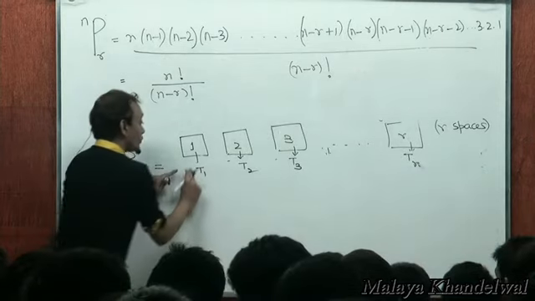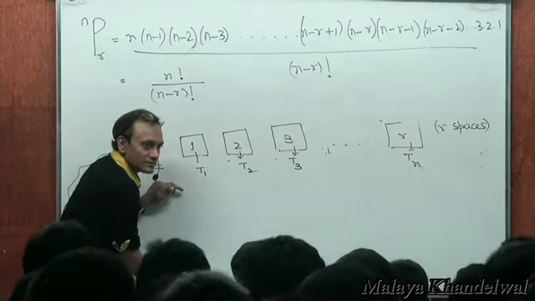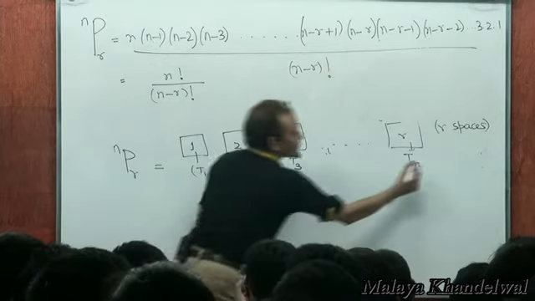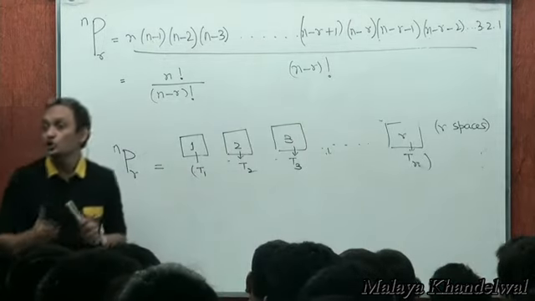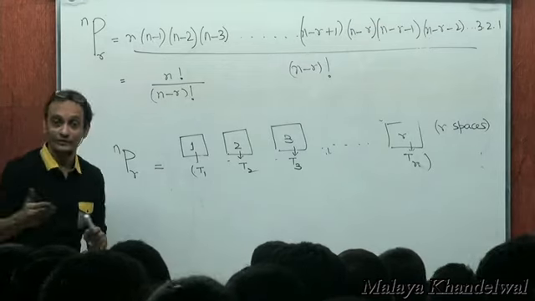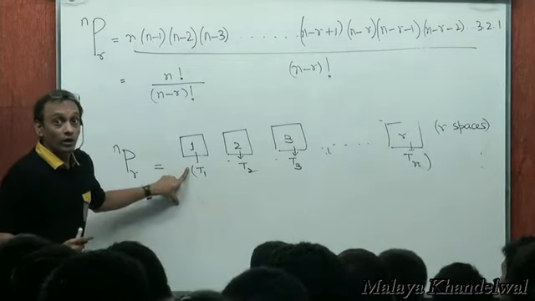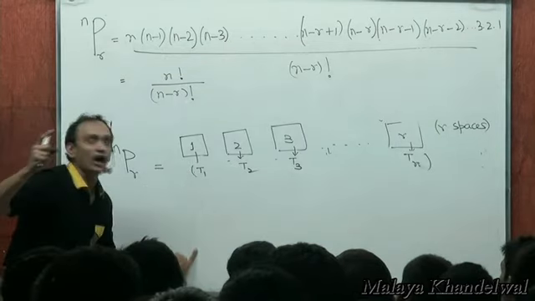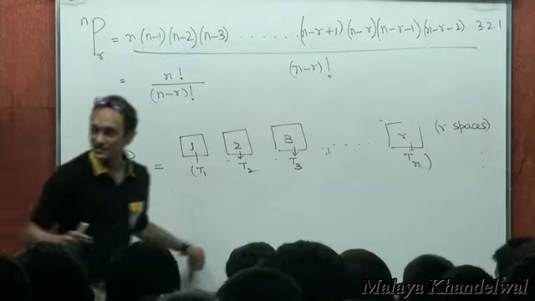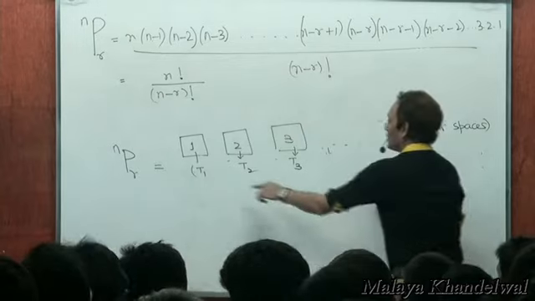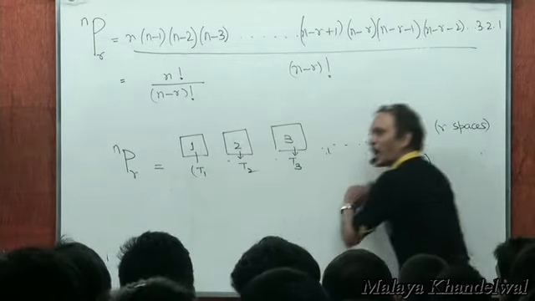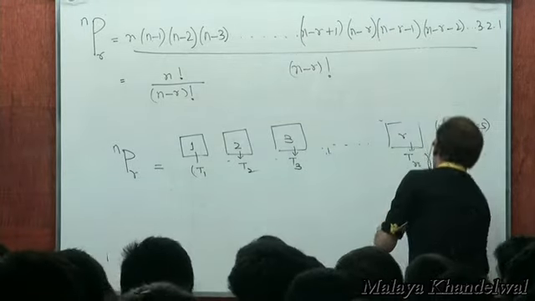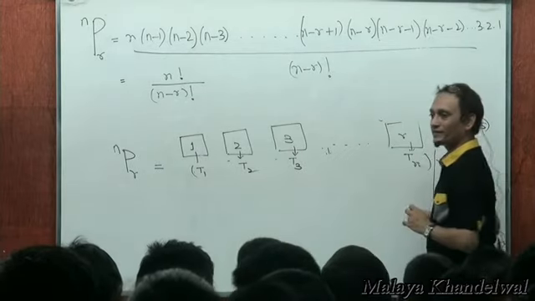Or different orders of these. So every time a certain set T1, T2, T3, Tr is selected, then with the order built in, this would actually give me r factorial ways, isn't it? Yes, sir. See, in how many ways can I rearrange these r things? r factorial. Yes or no?